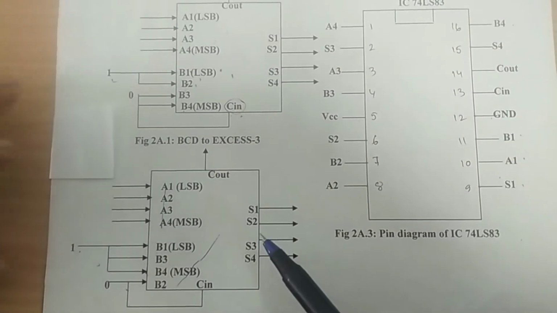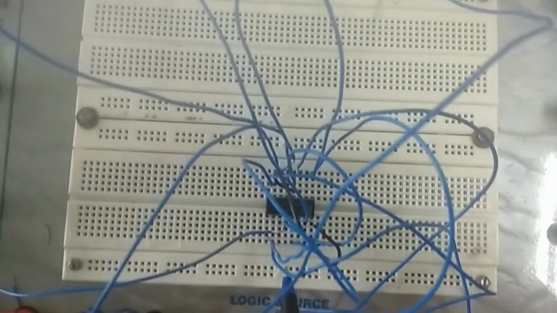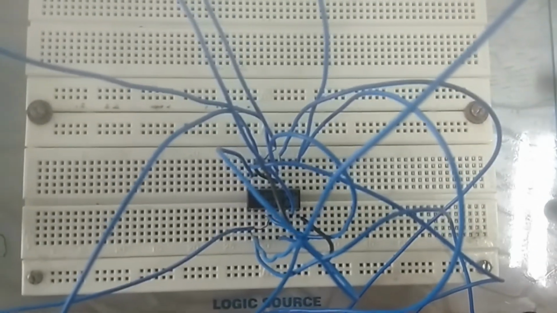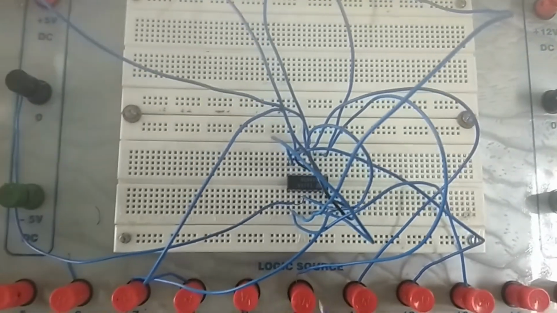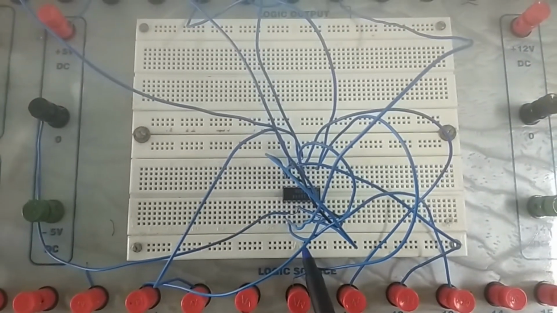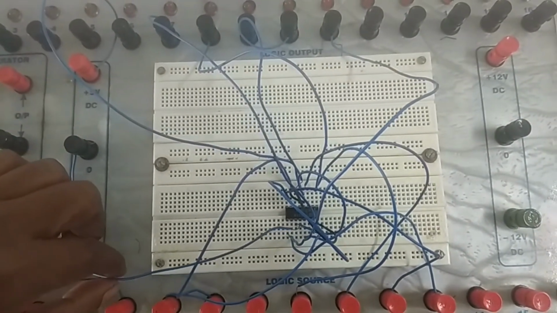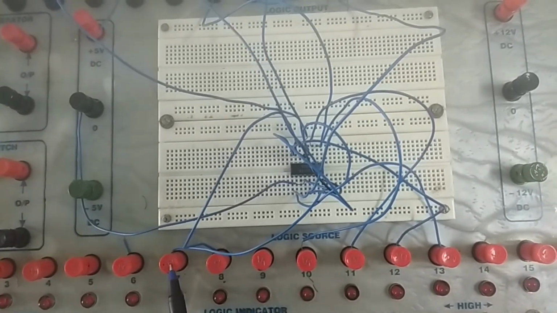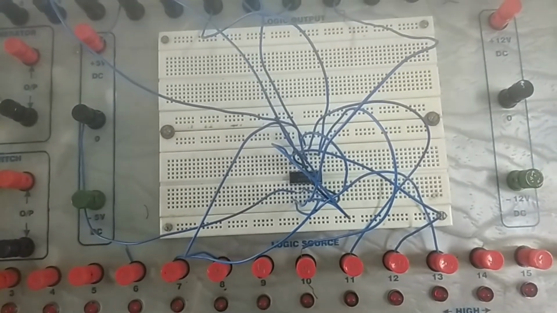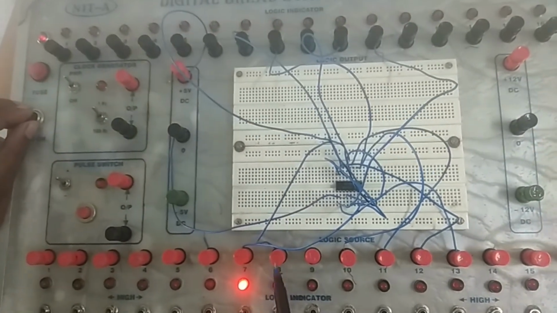Now we are going to perform in the kit. This is the kit. I have connected the circuit which I have shown in the manual. This is ground and this is VCC, and this is B1, B3 and B4, which are 1, and this is B2, which is 0.